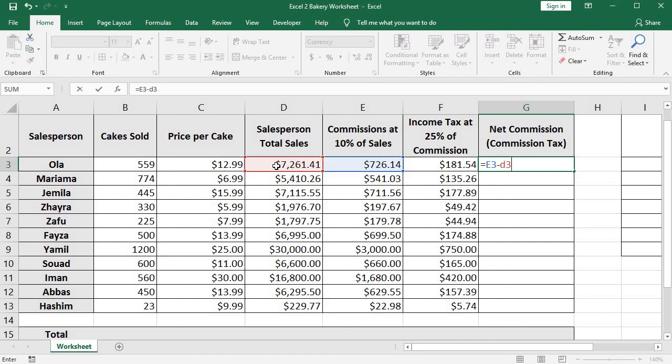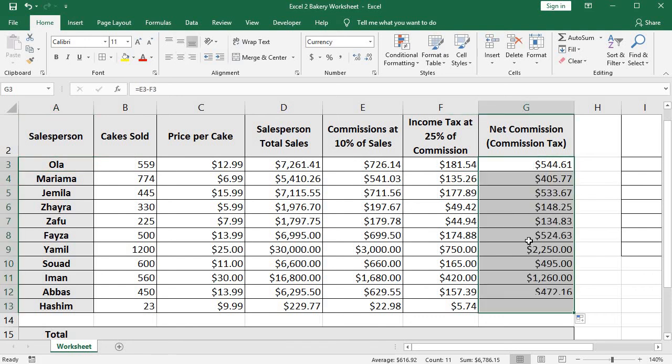They highlighted the wrong one. So the highlighting kind of gives you a clue of what you're doing. So that's going to be F3. That's it. This is the money that this salesperson is going to take.